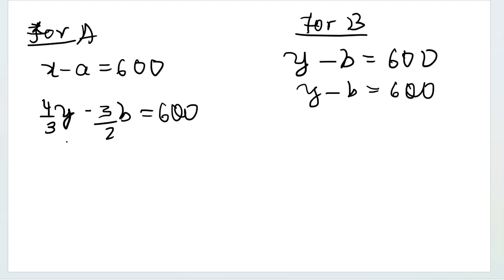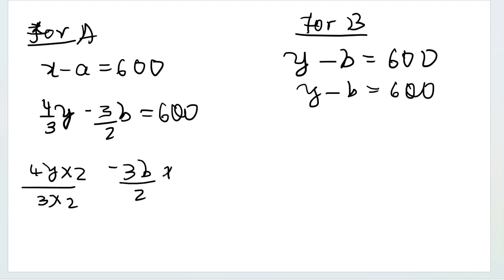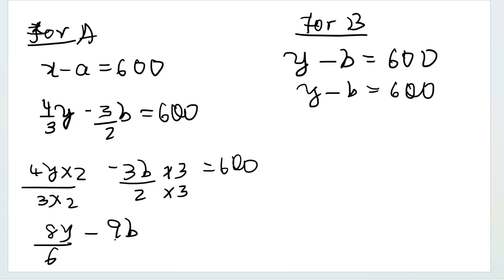So now we make the base same here. 4y into 2 upon 3 into 2, minus 3b into 3 upon 2 into 3, is 600. So 8y upon 6 minus 9b upon 6 is 600.